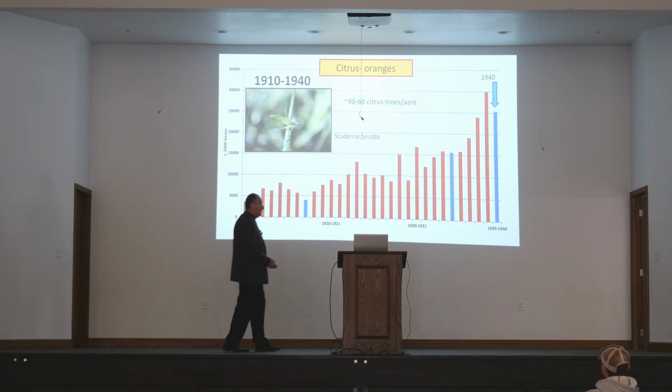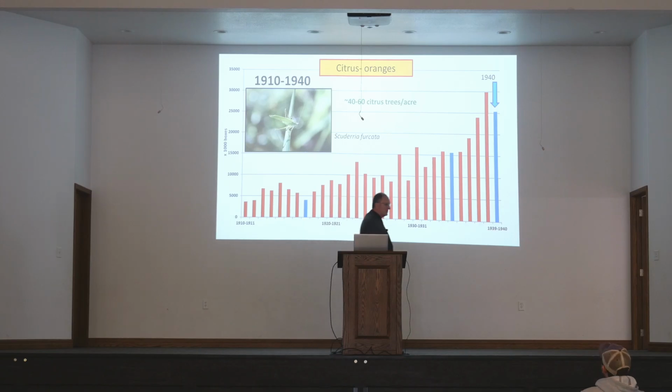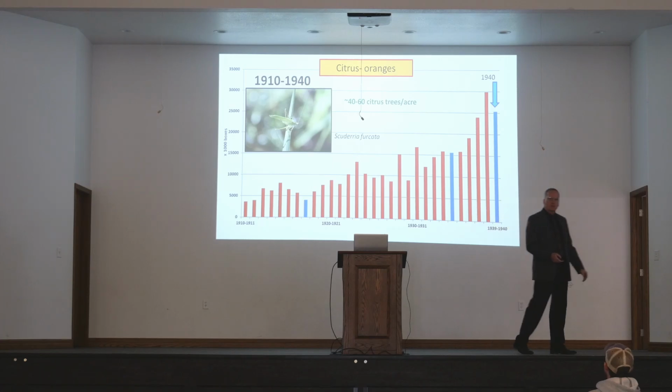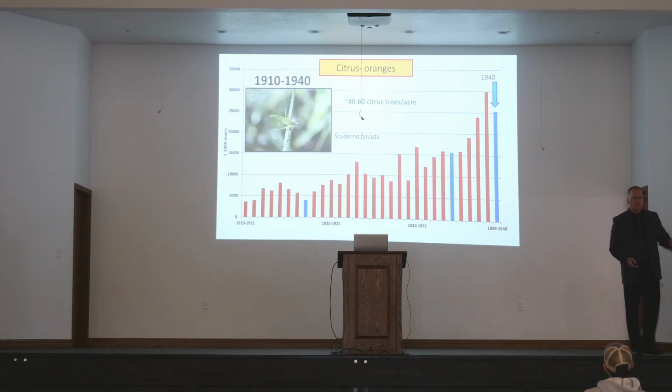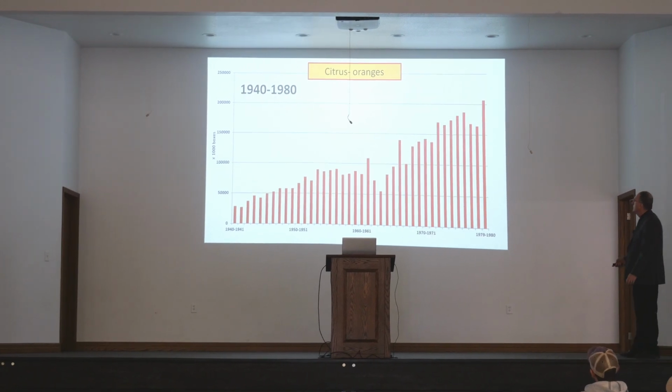Scudderia furcata, a type of katydid in the grasshopper group, was attacking these trees, but it was not causing serious damage. Still, the trees were being sprayed. They had some arsenic and some other things that they were using, and they would occasionally spray the trees in order to take care of some insect problems like Scudderia, which was the pest of citrus during this 30-year period. And still is. I mean, it's still out there even today.